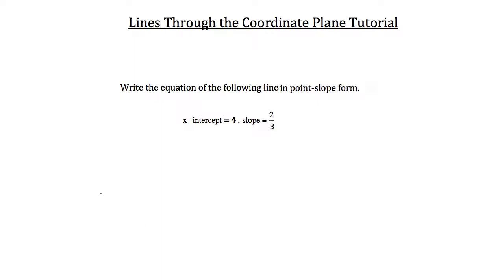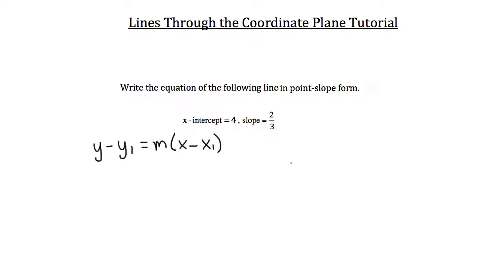Now, if you recall from earlier in the tutorial, point-slope form is written as y minus y1 is equal to m times x minus x1. So we're going to need a point somewhere along this line, but it doesn't look like they've given us one.